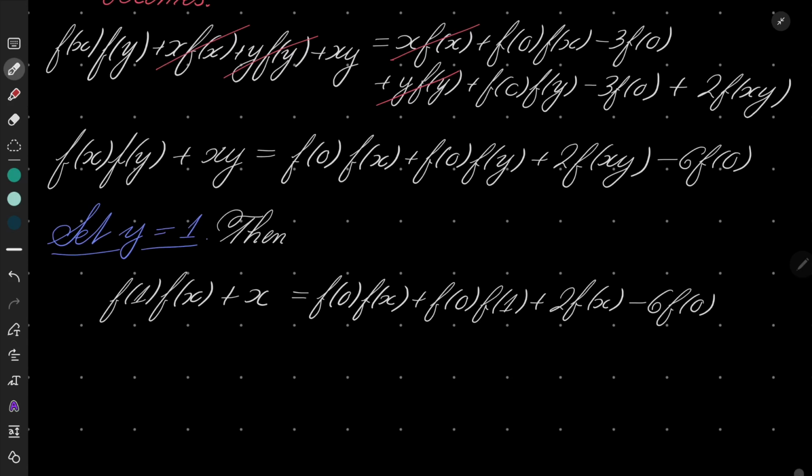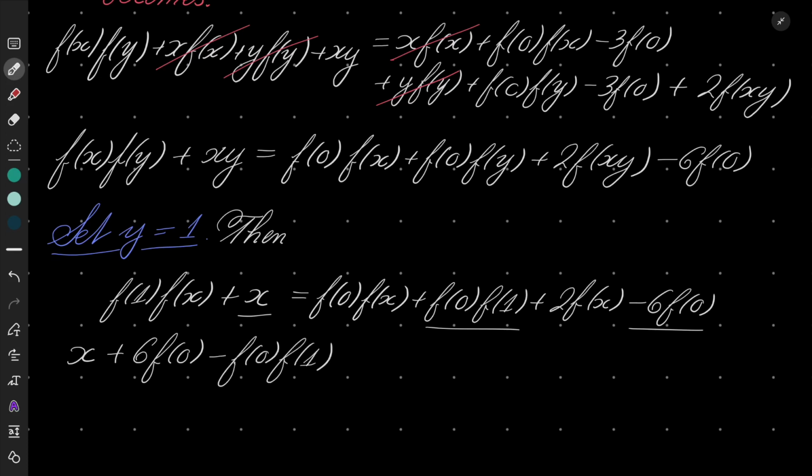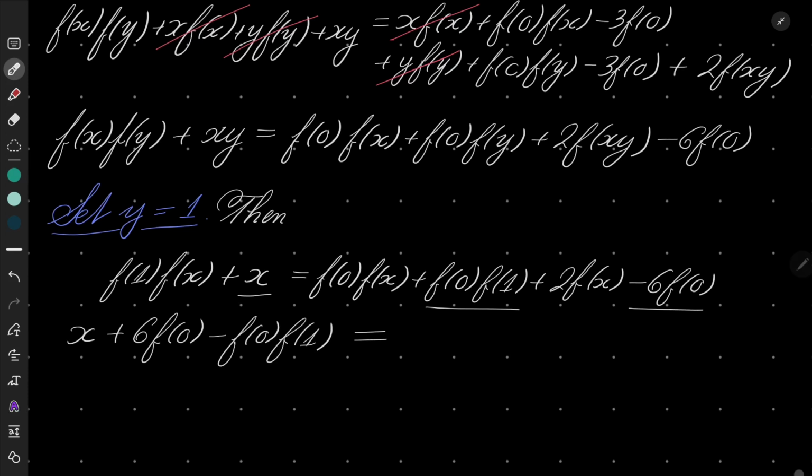And now let's put everything with f(x) on the right hand side, everything without f(x) on the left hand side. So I will have x plus 6 times f(0) minus f(0) f(1) equals, on the right hand side, 2 plus f(0) minus f(1), times f(x).